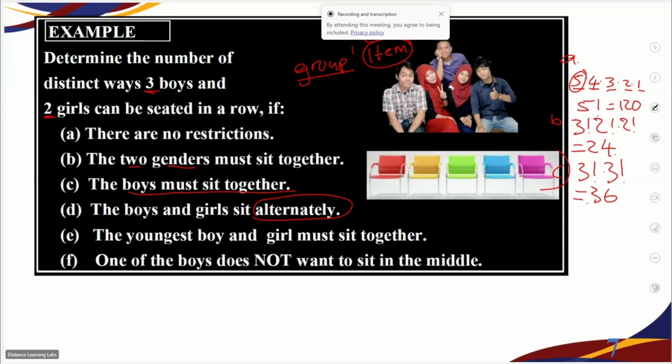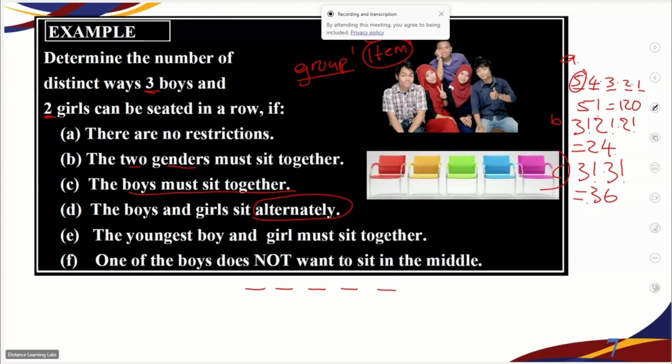If this is the case, then let's respond to letter D. 5 spaces, 1, 2, 3, 4, 5. For them to alternate, the first position must be occupied by the group that has the higher number. If you check, the other one is 3, the other one is 2.